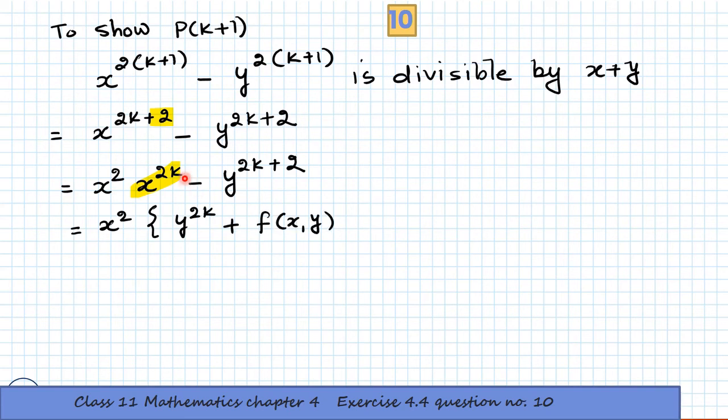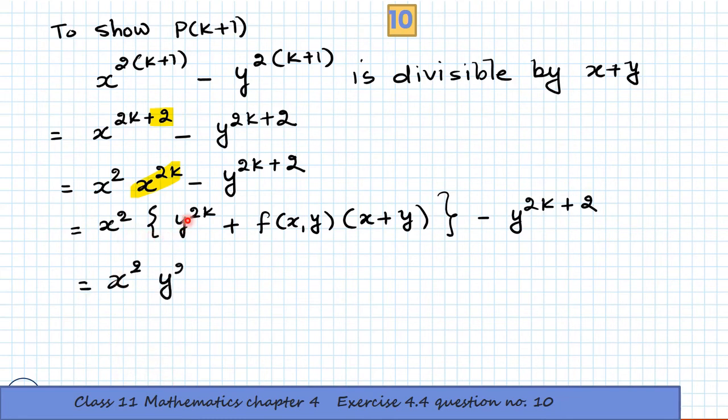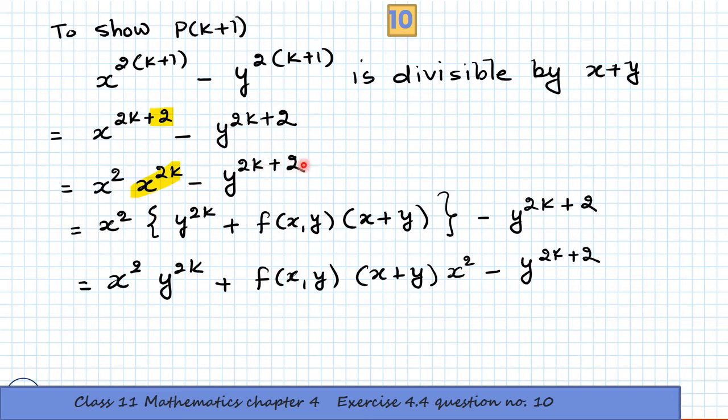Therefore, come to the previous slide. X power 2k value, consider this y power 2k on the right side. Therefore, x square into y power 2k, then plus function in terms of x comma y into x plus y. This is for x power 2k. Then minus y power 2k plus 2.